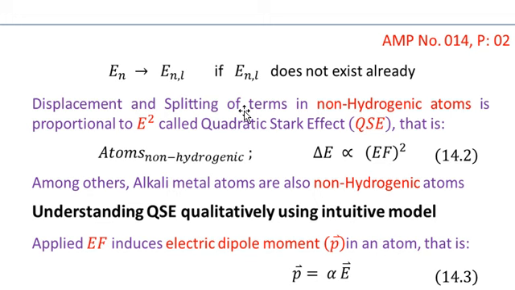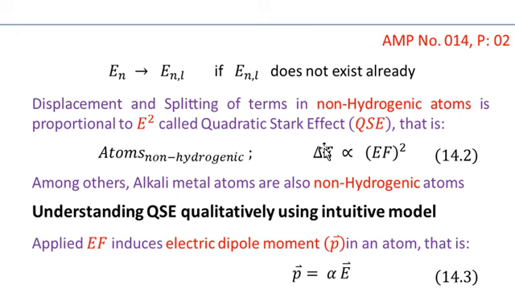Displacement and splitting. These are the two things: one is the displacement, that the levels are displaced, and the second is that the splitting between the levels is changed. The displacement and splitting of terms in non-hydrogenic atoms is proportional to E square, called the quadratic Stark effect.